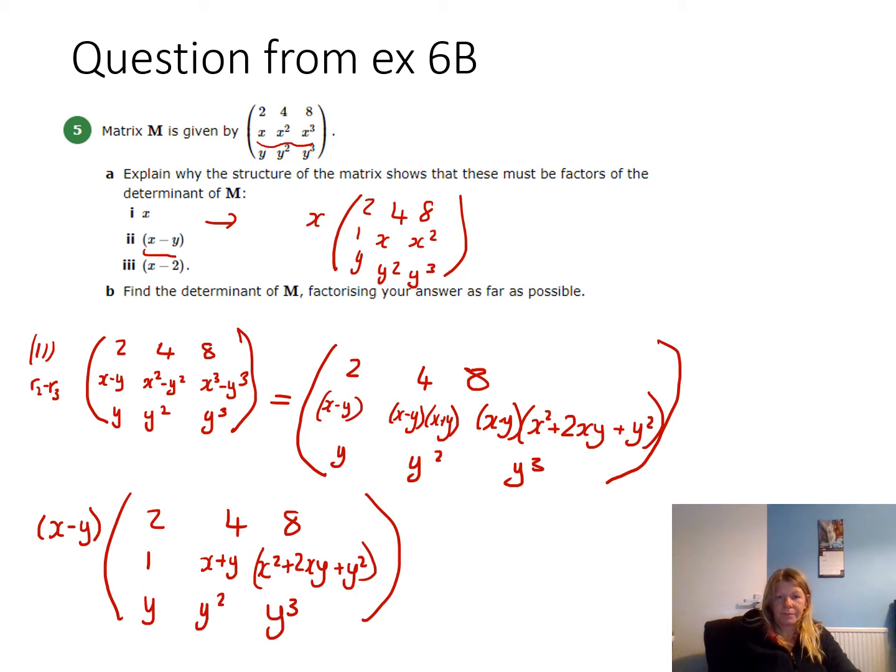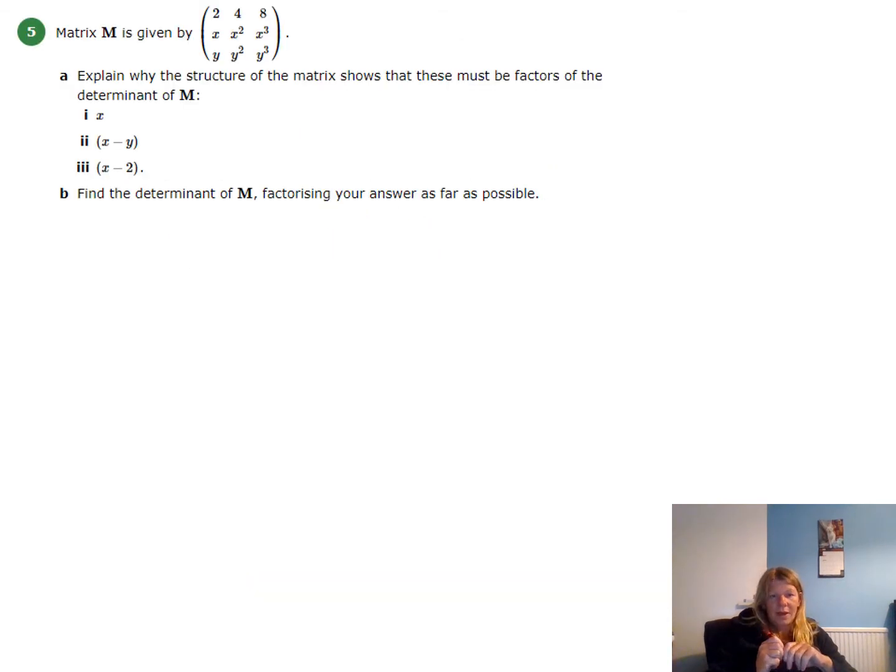Then if we move on, right, we've got to show x take 2 is a factor, so it's obviously telling us basically to pull that off the top row, isn't it? So here we're going to do, for part III, row 2 take row 1, I think.